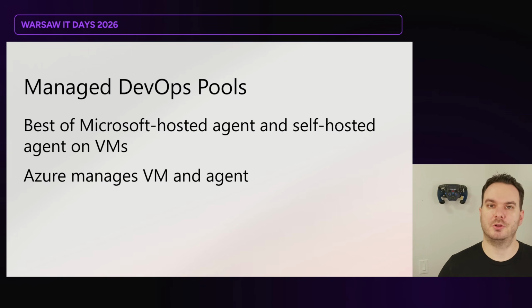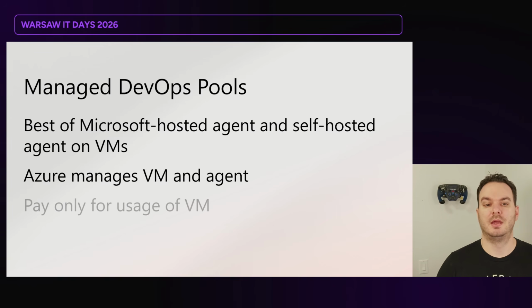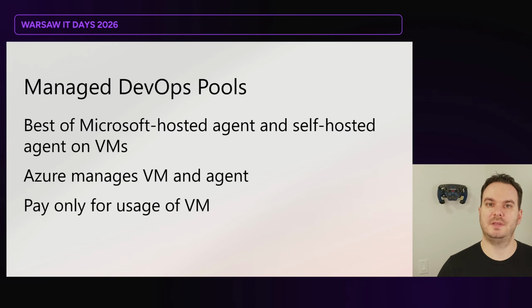You just select what size you want, and Microsoft installs the agent on the VM on the fly for you. This also allows you to only pay for the agent or the VM while it's running. This means if I run my pipeline for an hour a day, then I pay only for this 1 hour. I don't pay for the 23 hours I'm not using this VM.